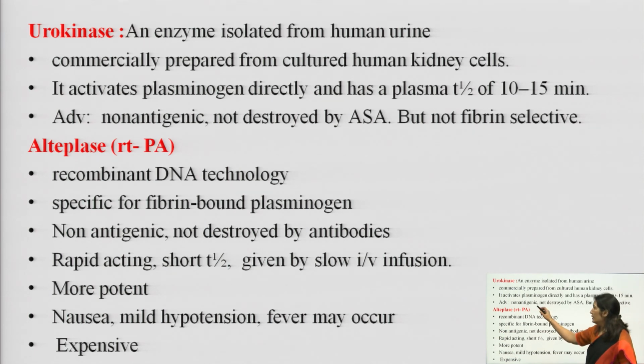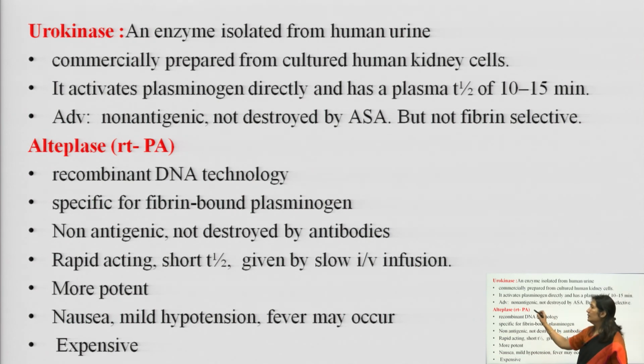So, this is the disadvantage. The advantage is it is non-antigenic, it does not produce allergic reaction, it is not destroyed by anti-streptococcal antibodies, but it is also not fibrin selective, like streptokinase.